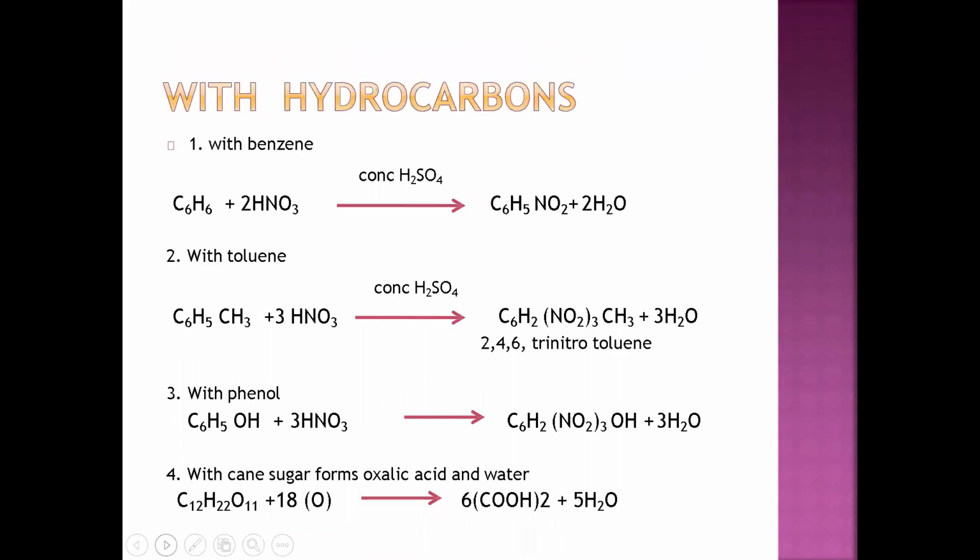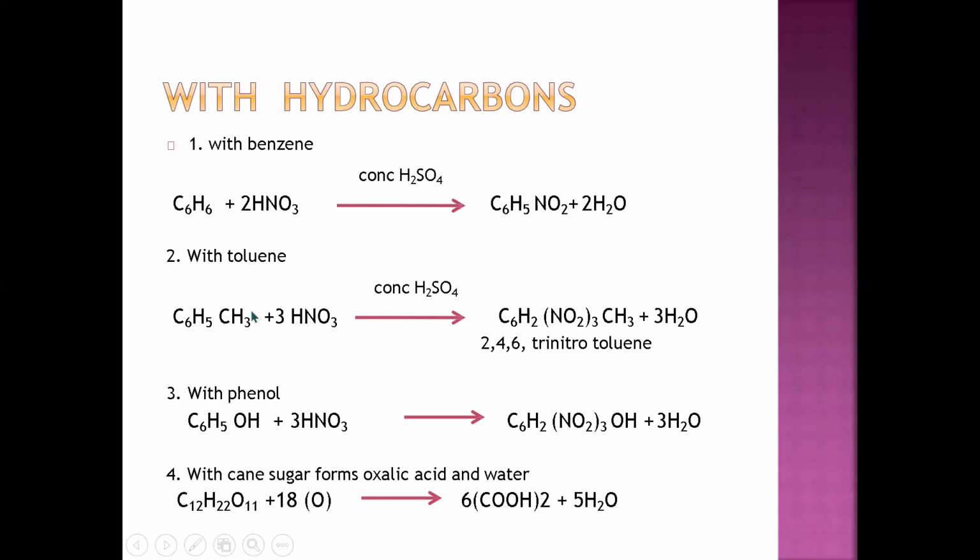What happens when you react your nitric acid with hydrocarbons? Hydrocarbons means carbon and hydrogen compounds. So let us react it with benzene. C6H6 and nitric acid react, so what happened? In the presence of H2SO4, C6H5NO2 plus H2O formed. When it reacts with toluene, toluene means C6H5CH3, where a CH3 is placed on your benzene ring.